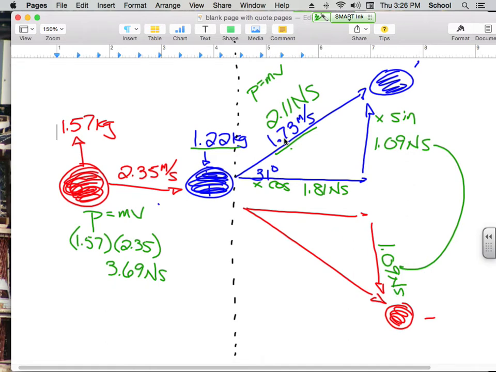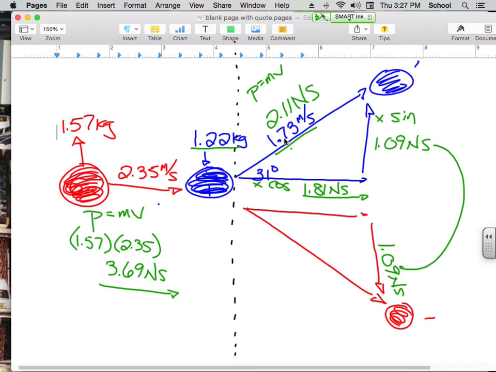Because initially, before they collided, nothing was going to the side, so afterwards, nothing has to go to the side, so the total left and the total right have to cancel each other out. Now, we said we had 3.69 going straight forward, but now straight forward is in two colors, both blue and red. The blue side says, I got 1.81 going forward, I had 3.69 going forward, I seem to be missing some momentum going forward.